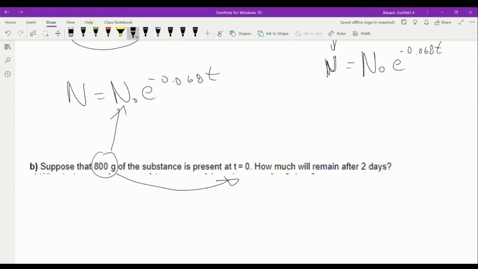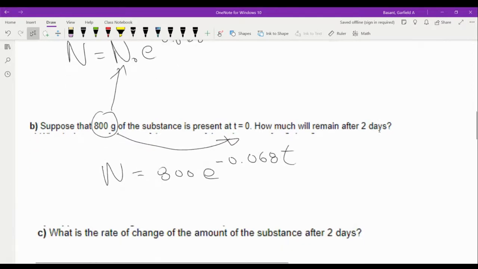Because it's when t is equal to 0. So now they're finally giving us a value for n0, the initial amount. So we know that n equals 800 e to the negative 0.068 times t. Now, they want us to find this after 2 days. So we're going to plug in the 2 for t.